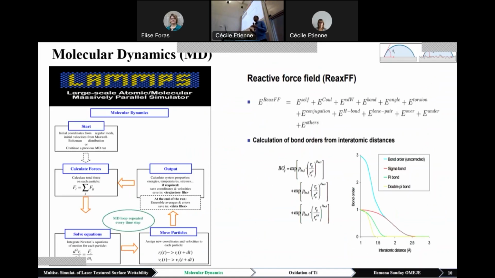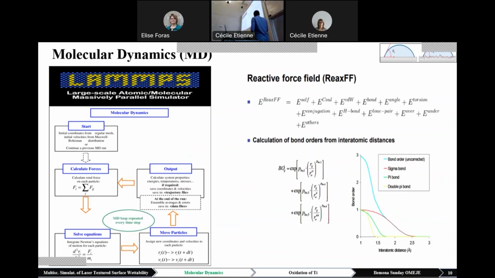What LAMMPS does is solve Newton's equations of the interacting system by calculating the force between the interacting particles and the potential energy using the interatomic potential. And we utilize the reactive force field, which is quite interesting for accounting for breaking and formation of bonds using bond order from the interatomic potential.